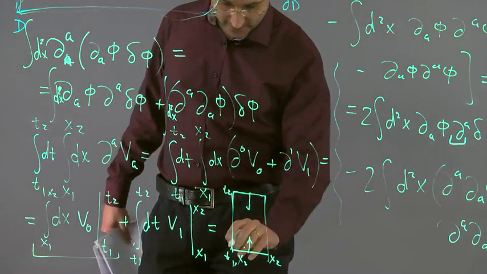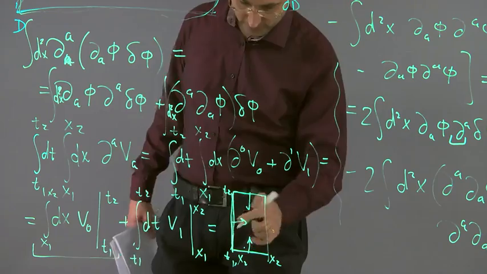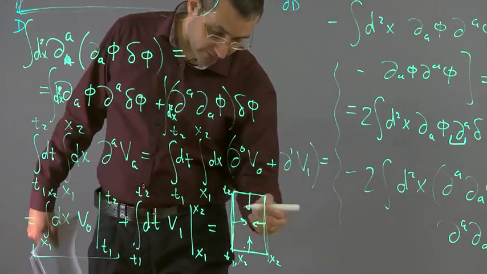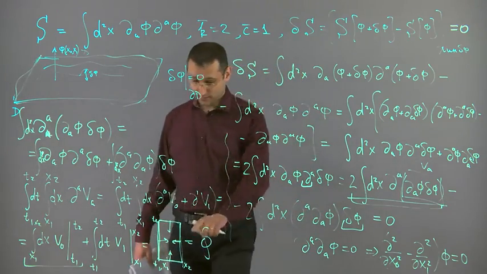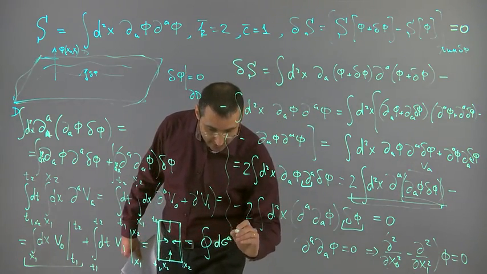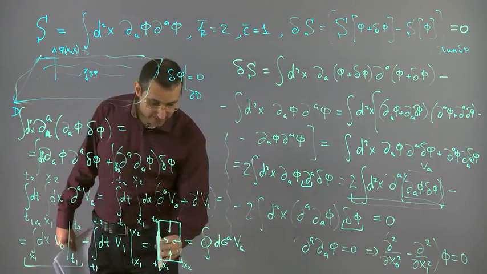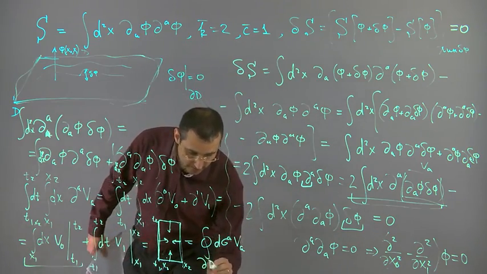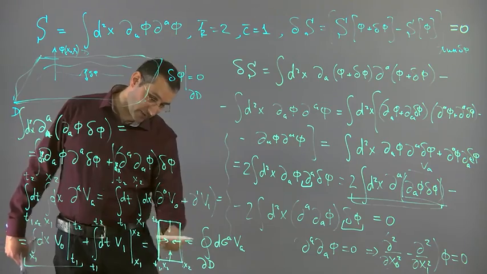And similarly, this guy is the integral over v1, something directed along the x direction, minus the integral over this side of v1. So what does all this mean? This is just the integral over the boundary of this rectangular region of d sigma A times VA. And what is sigma A? Sigma A is just the normal vector to the boundary of this region D. Because you see, we are integrating over the boundary the vector which is normal to this boundary.